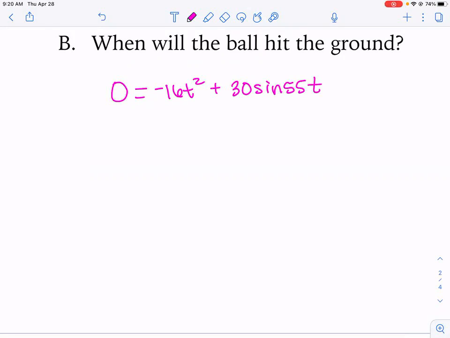Okay, so we're gonna put 0 in for y and we need to solve for t. Now, luckily, we didn't have our initial height, so we have 2 terms and both terms have what in common? So what can we do? We can factor out the t.